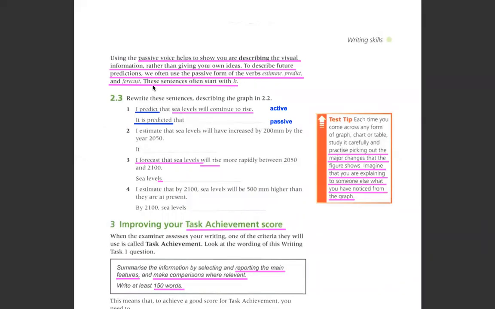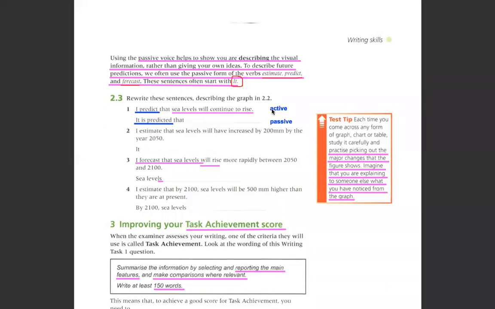So to describe future predictions, we often use the passive form of the words estimate, predict, and forecast. Okay. And we usually start the sentences with the word it. So these three words, estimate, predict, and forecast, they all have similar meanings, meaning that we're making a guess about the future.